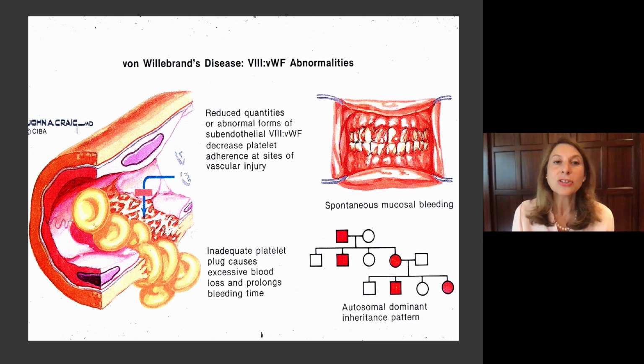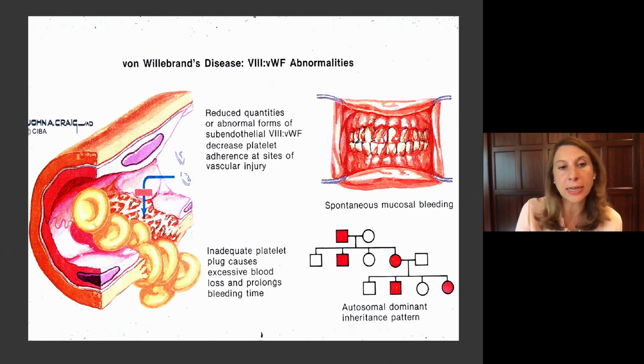Next slide. So let's step back and learn a little bit more about von Willebrand disease. It results from reduced quantities or abnormal forms, so either qualitative or quantitative forms, of subendothelial factor VIII and von Willebrand factor complex. So this results in decreased adherence of the platelets at the site of vascular injury.